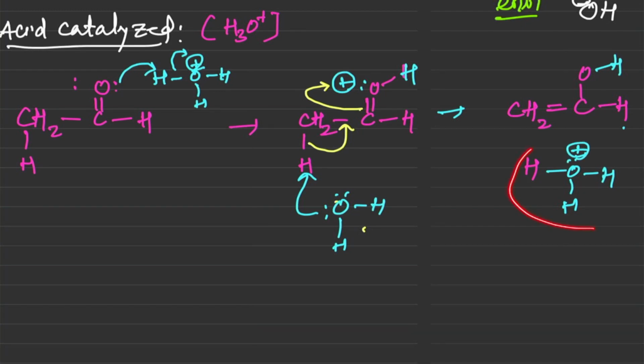So you see, we got back our H3O plus. We started with H3O plus, we got back our H3O plus. Okay, so that's how you can do keto-enol conversion from acid or base catalyzed. Okay, let's stop this video here.